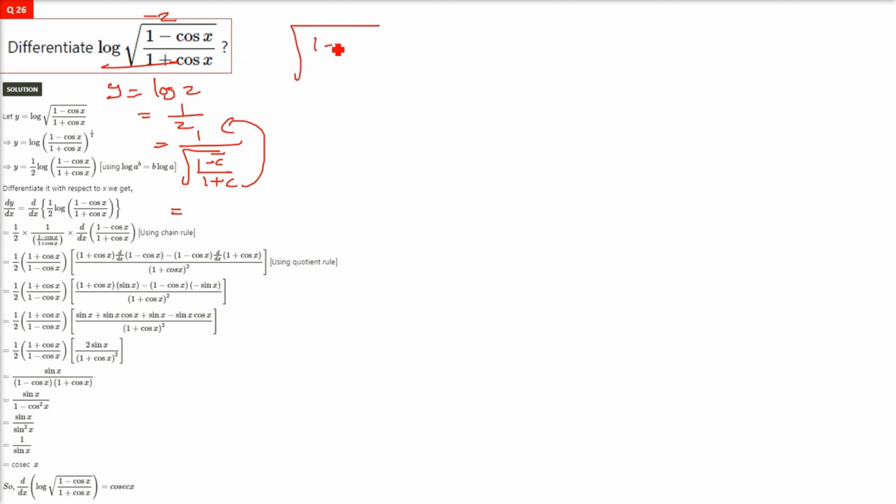So 1 plus cos theta in the numerator, 1 minus cos theta in the denominator. Alright? This is the first step. The second step is to do the differentiation of under root. So the under root is what? Under root, if under root theta you have to, or under root x you have to differentiate, it will be 1 by twice of under root of that content.